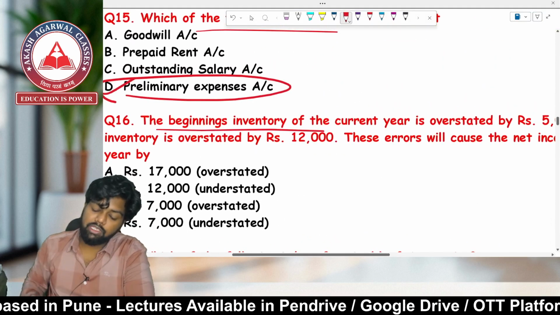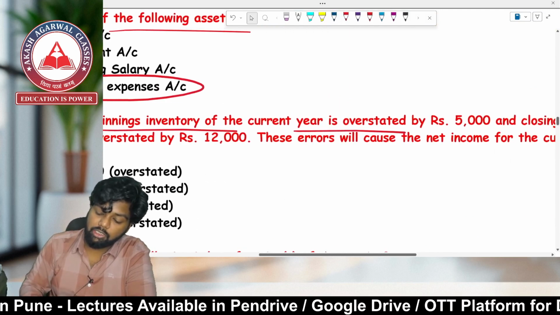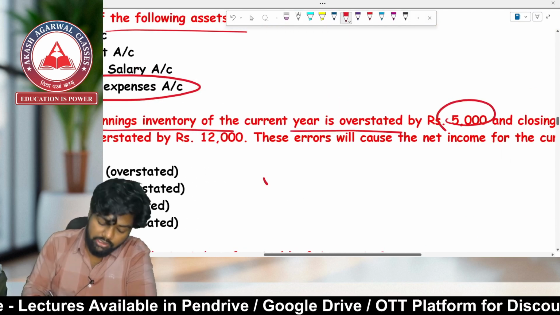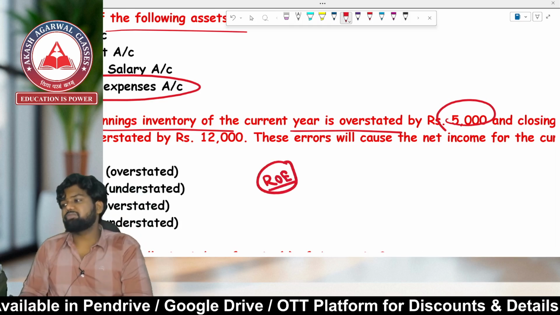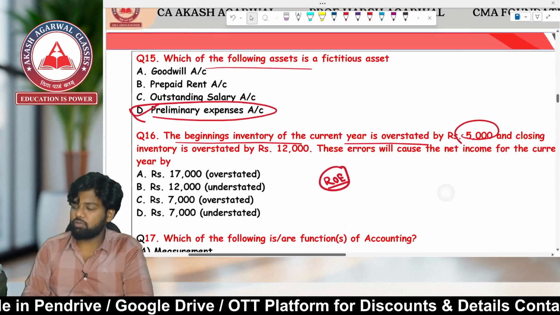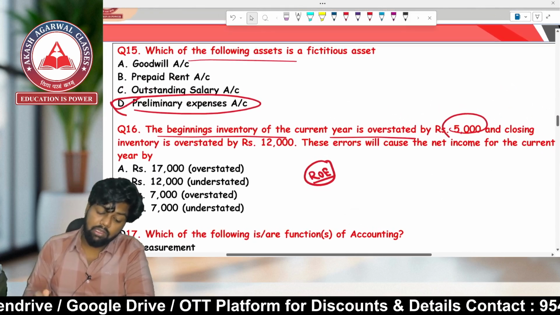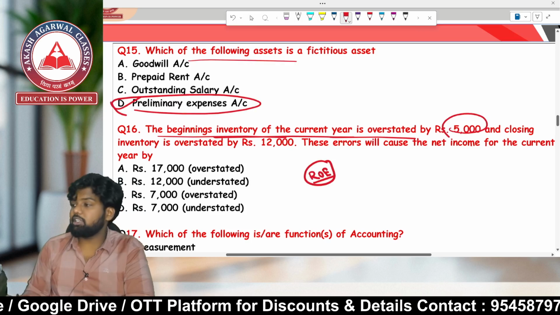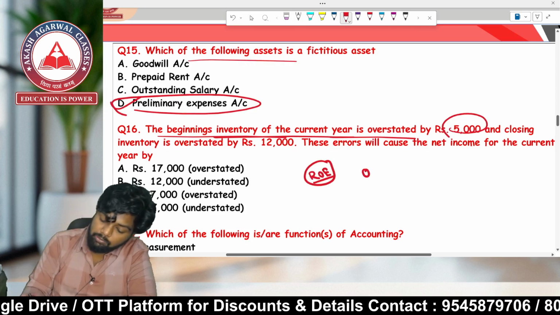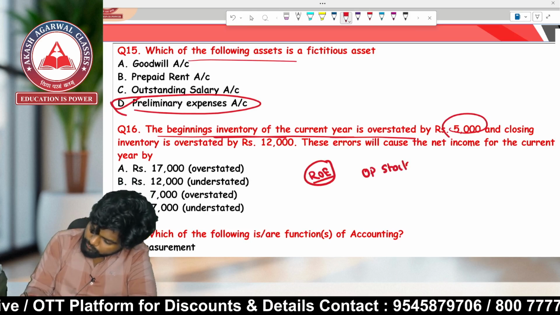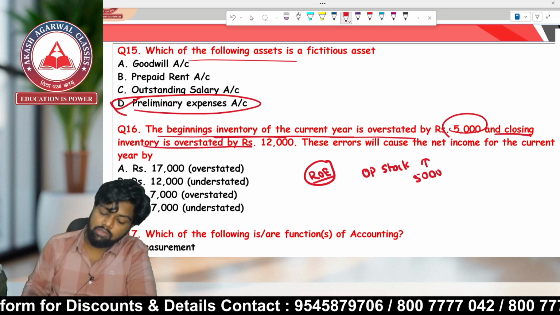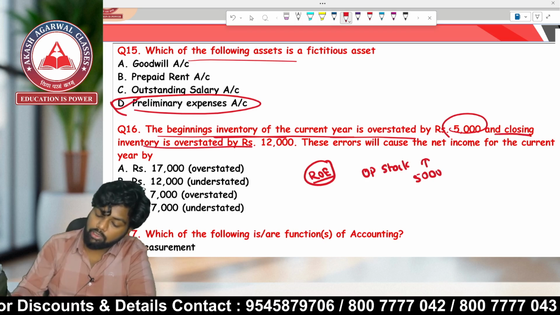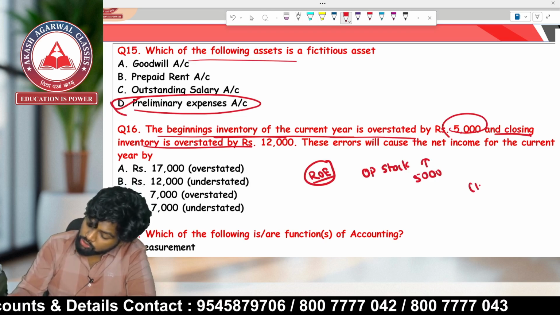The beginning inventory of the current year is overstated by 5,000. It is a topic of rectification of errors, but very simple. Beginning inventory of the current year is overstated by 5,000, which means opening stock is greater by 5,000, and the closing inventory is overstated by 12,000.